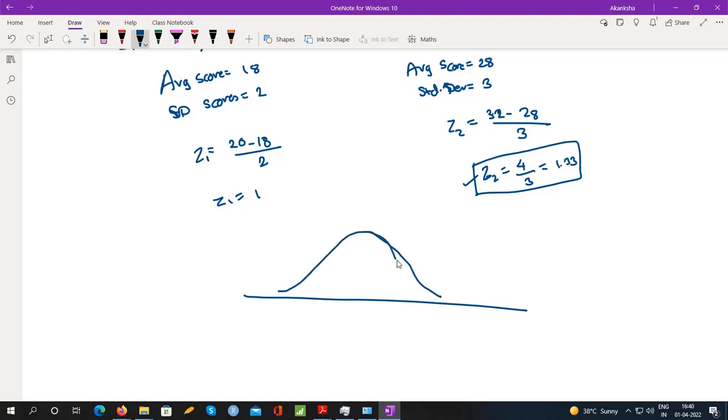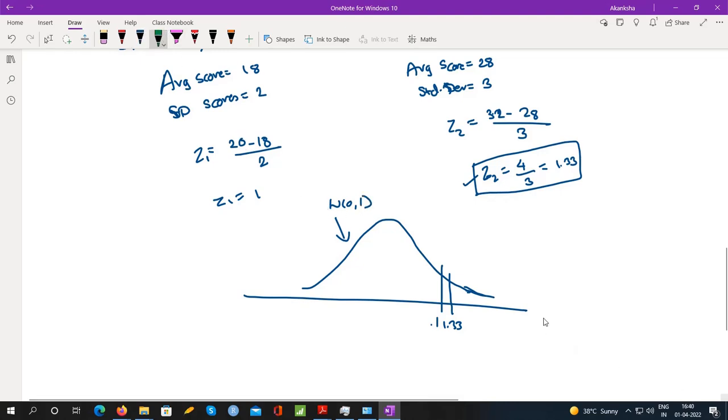Suppose this is a normal curve. z1 equal to 1 is somewhere here, and 1.33 may be somewhere here. This is a standard normal curve, the normal 0 1 PDF.